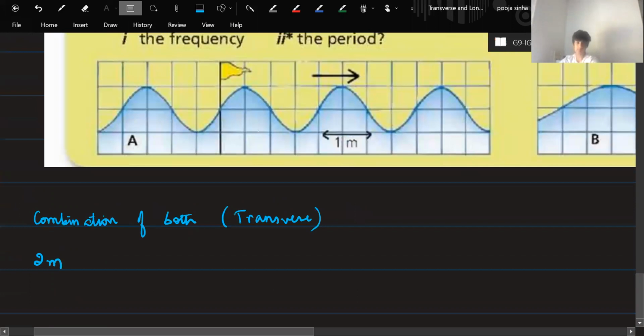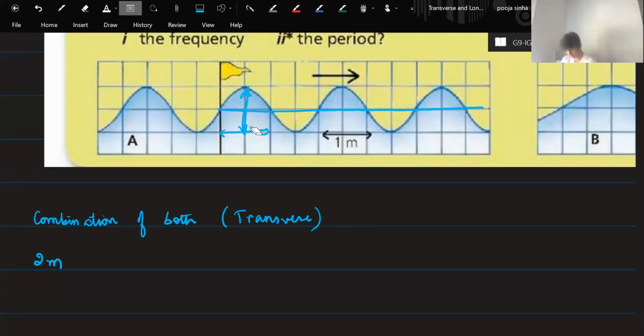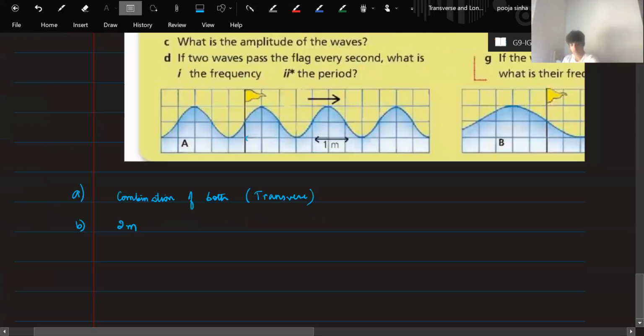This is 2 blocks. If my rest position is here, how much is the wave movement? Amplitude? Oh yeah, half a meter.